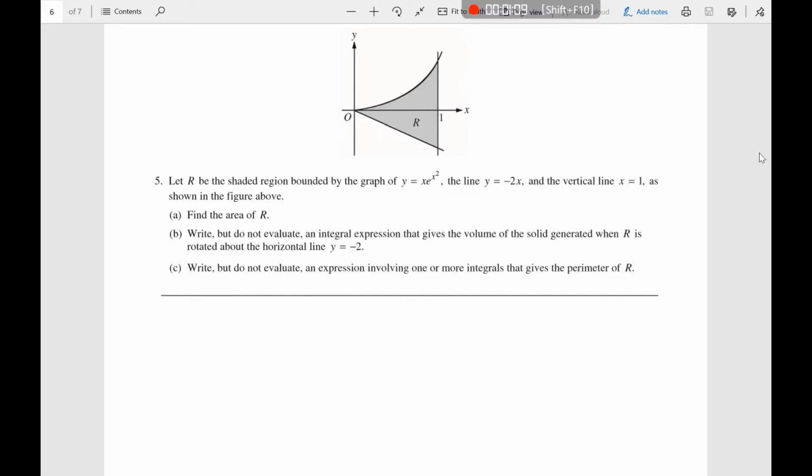Okay, so for part A, we are integrating from 0 to 1, looks good, of, you said, x e to the x squared minus negative 2x dx. Okay, this is without a calculator, so we're going to do everything by hand. So what happens here?